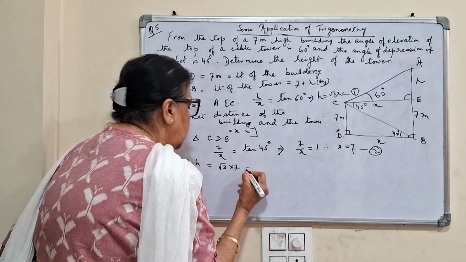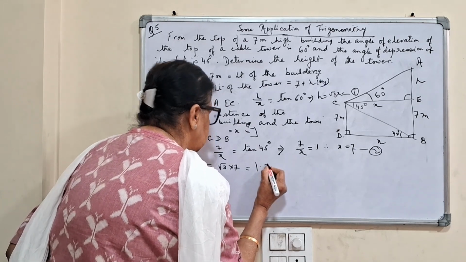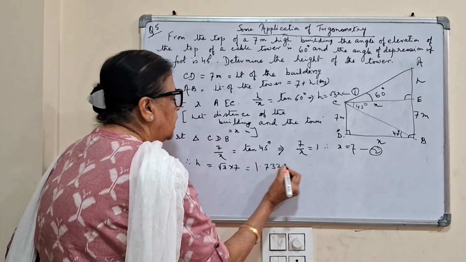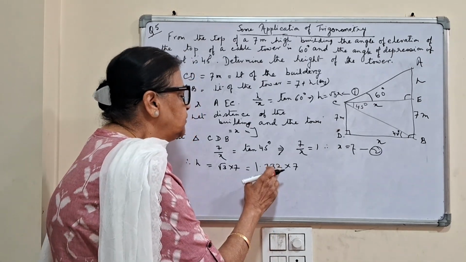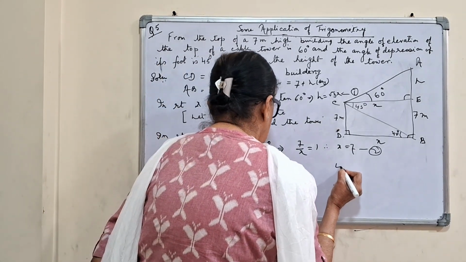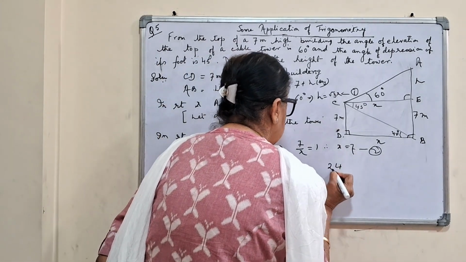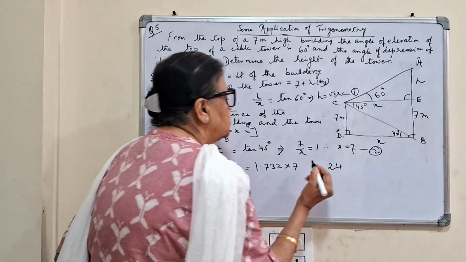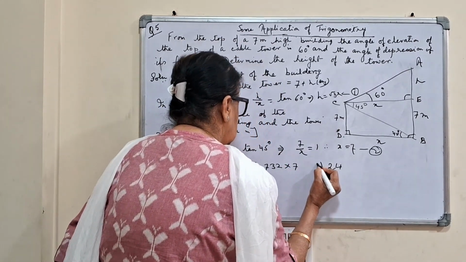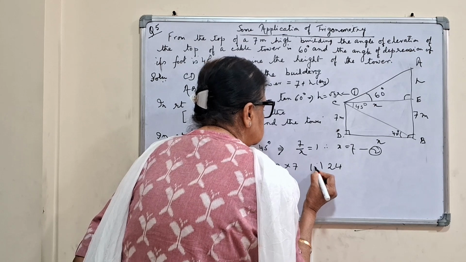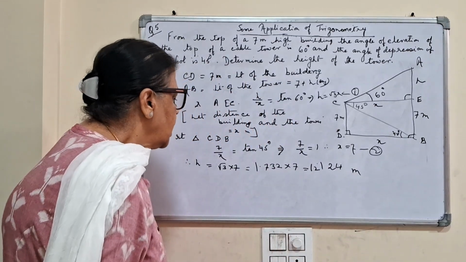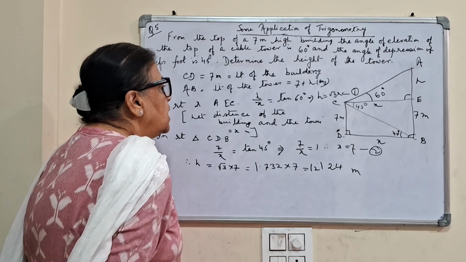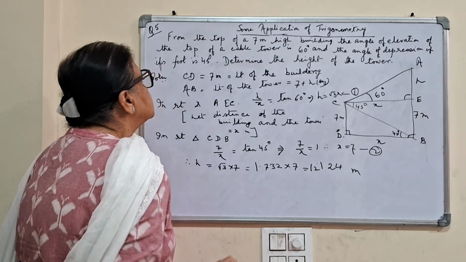That is 1.732 into 7, which is 12.124 meters.